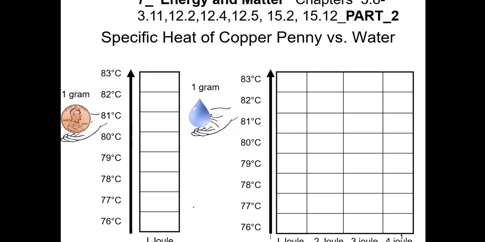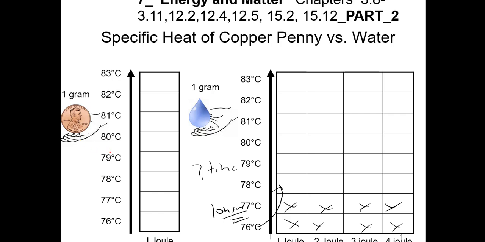Now let's go to speed. How long does it take? What's the time it takes for it to gain in temperature or lose in temperature? It turns out that the higher the specific heat, then the more joules of energy required. So therefore, it's going to take longer for a substance with high specific heat to increase in temperature, because it has to put in all of those joules of energy for it to raise in temperature.